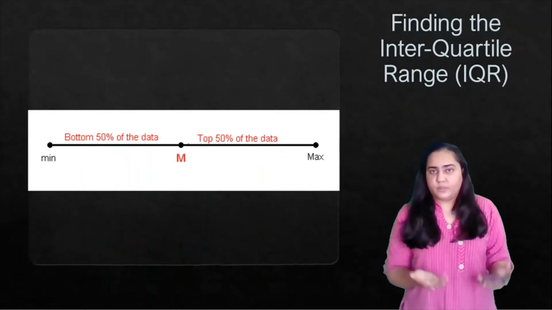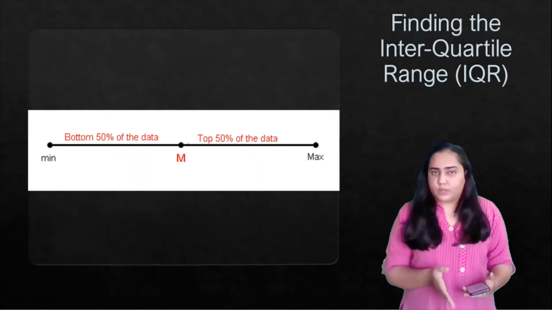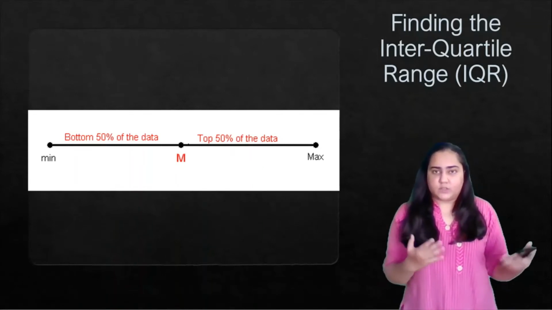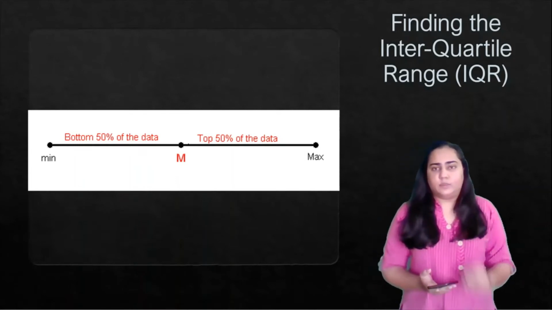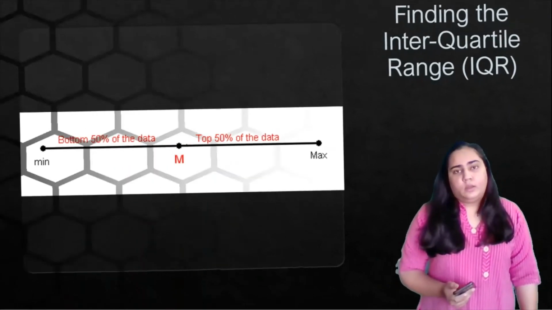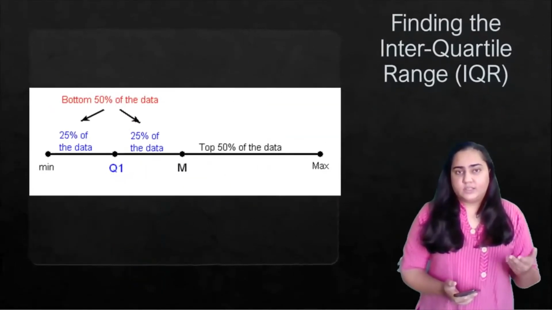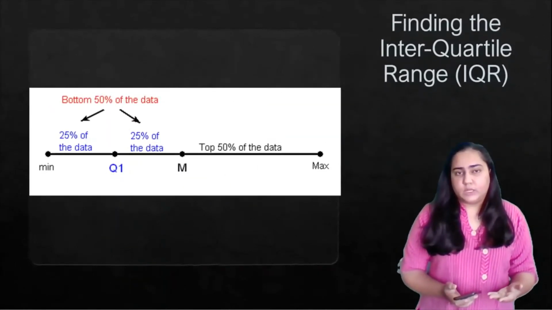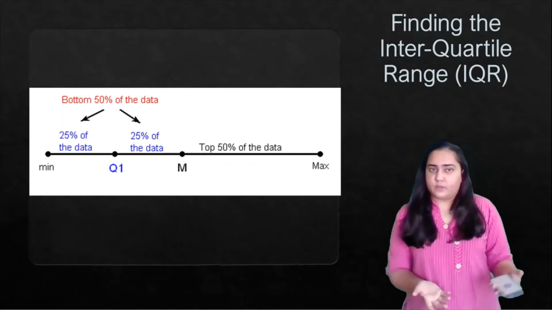First, from the data, I'm going to find the median, the middlemost point, by dividing the data into two equal parts. You already know the process of finding the median. Once the median is found, the next step is to find what I would like to call the median of the median.